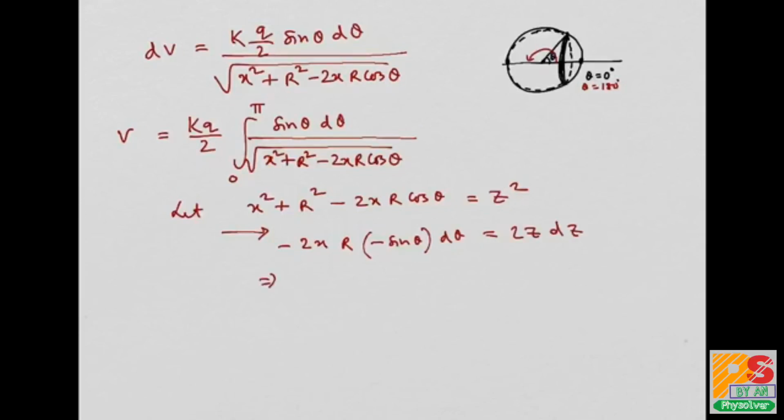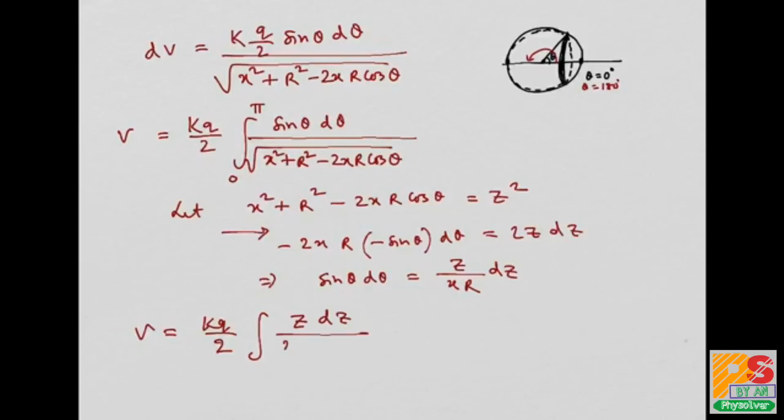So sin theta d theta is z by xr dz, right? Putting the values, kq by 2 integration z dz by xr into z. Now for the limits.